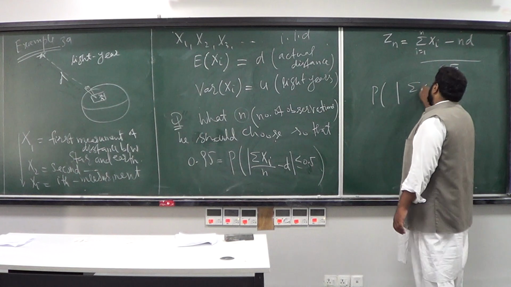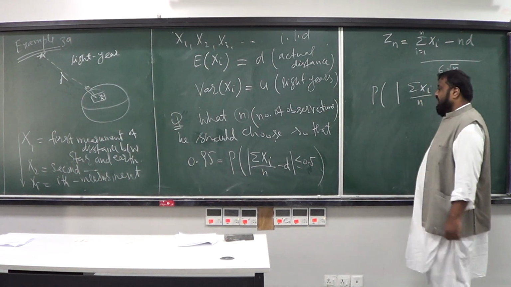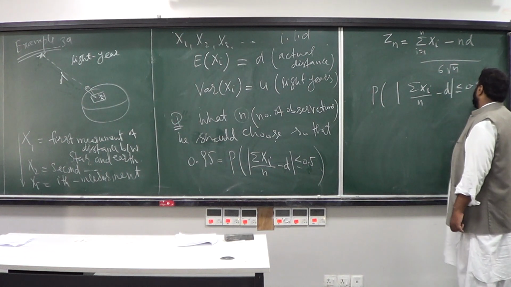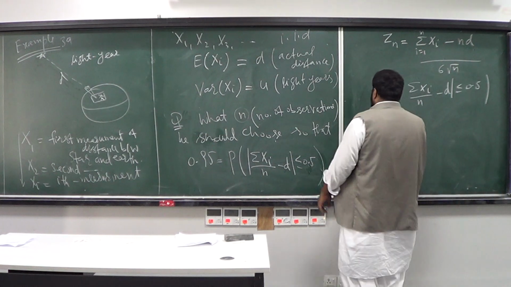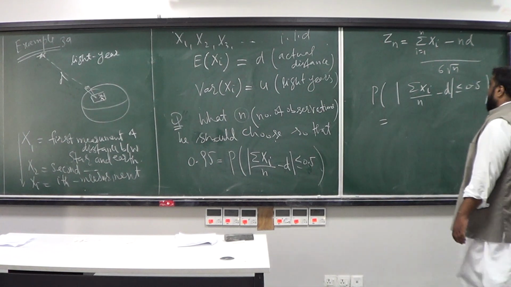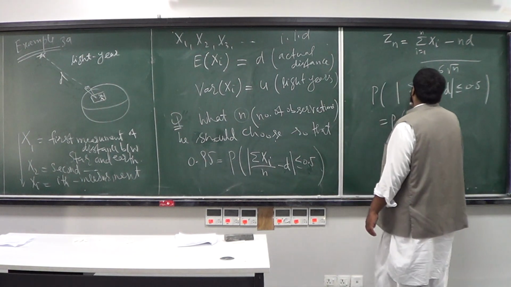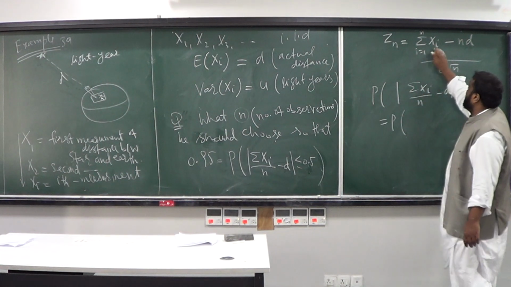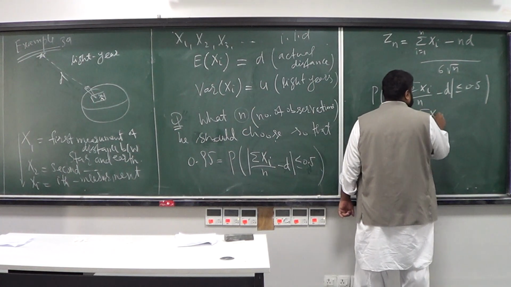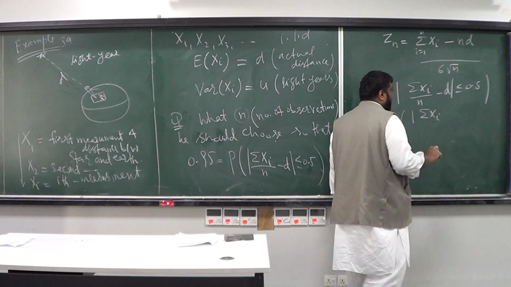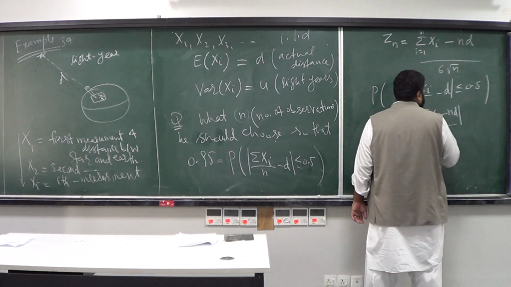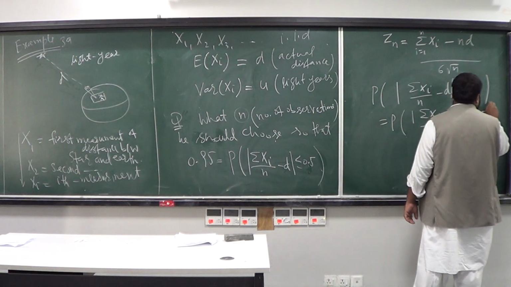the probability that the sum of Xi minus nd should be less than or equal to 0.5. This is what he wants, and he wants it to be equal to 0.95. I can turn this sum into an expression in terms of this. So let's take the sum minus nd divided by n less than or equal to 0.5.